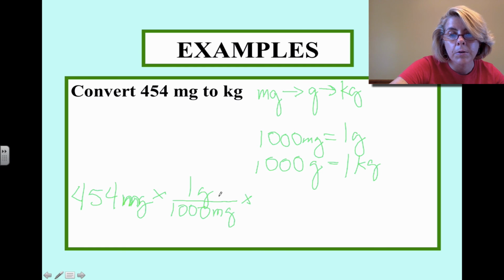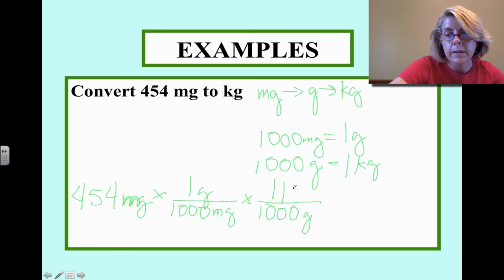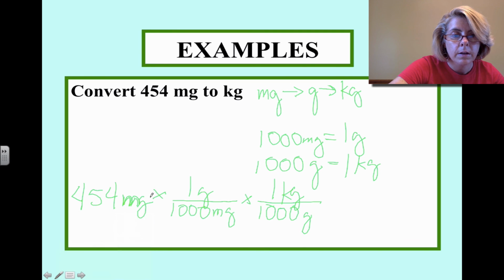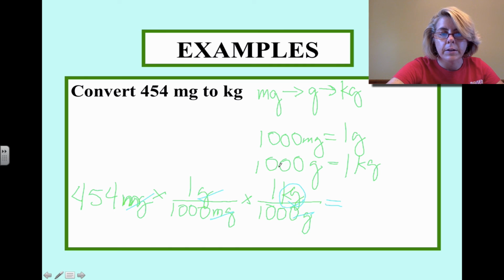Now I want to get rid of grams, so I'm going to put 1,000 grams on the bottom and 1 kilogram on top. Now the nice thing is I have no naked numbers. Milligrams cancel out, grams cancel out, and I'm left with kilograms. And I will let you calculate the value for that.